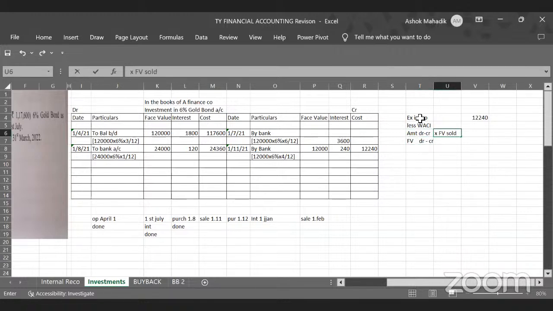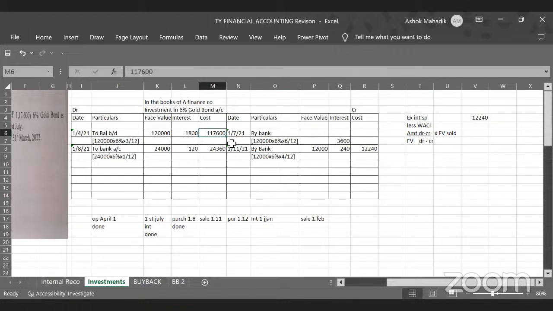This is the formula, very simple formula. For this, you need to add up all the amounts in the amount or cost column, debit minus credit. We have to exclude the figures appearing in this sale transaction. So add all the amounts.